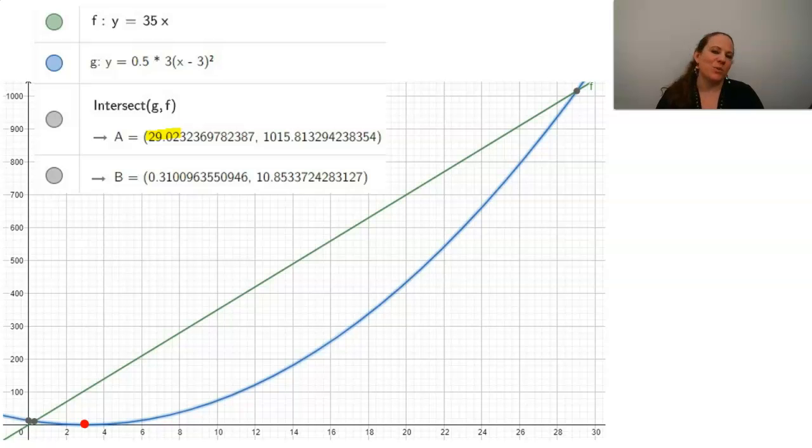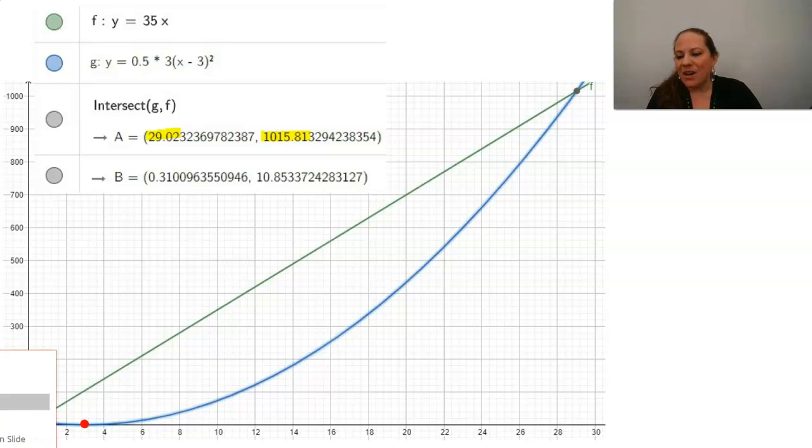I rounded down to 29, which meant when I found my position, I did get something a little bit less than GeoGebra did, but folks, that's a less than 1 meter difference over more than 1,000 meters. That's 0.1% off. 1 meter out of that many meters is really an acceptable answer. So it would be fine to report this as 29 seconds and 1,015 meters.